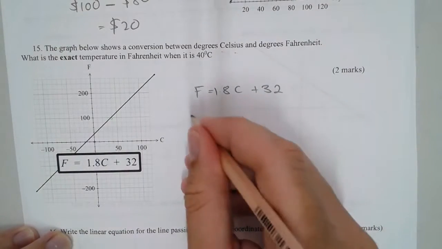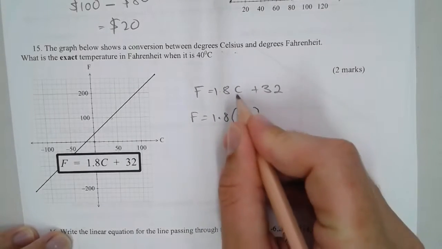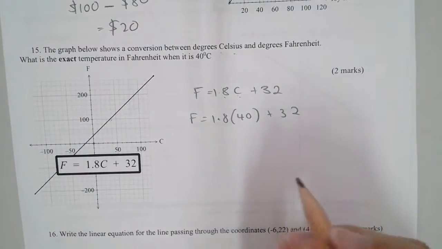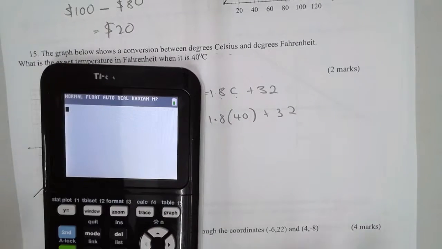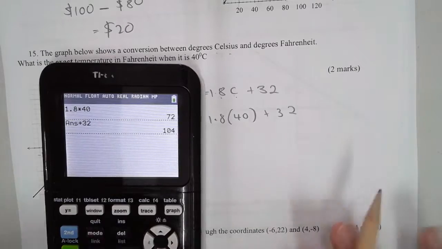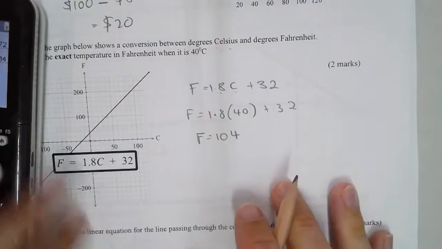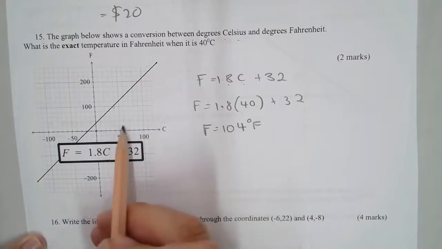So what I'm going to do is substitute 40 instead of C. Now I'm going to type that in on my calculator. 1.8 multiplied by 40, then plus 32 is 104, so my Fahrenheit must be 104 degrees F. You look, and it looks about right as well.